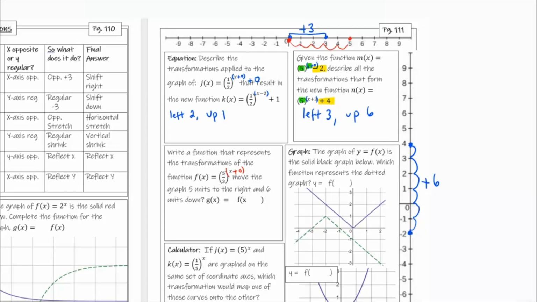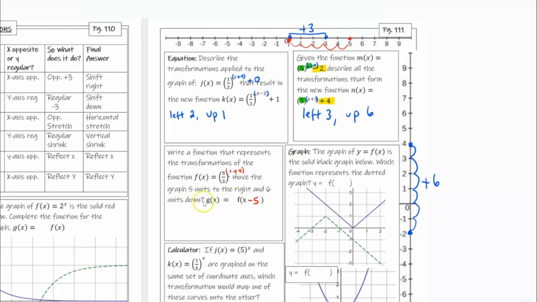So I'm moving right 5. But remember, x is opposite. So instead of saying +5, I'm going to say the opposite, which is -5 with the x value, right here. So this is going to be -5, because they did not write it in the exponent form. They just told you this whole thing is that. So I'm going to move -5, which would mean right 5.